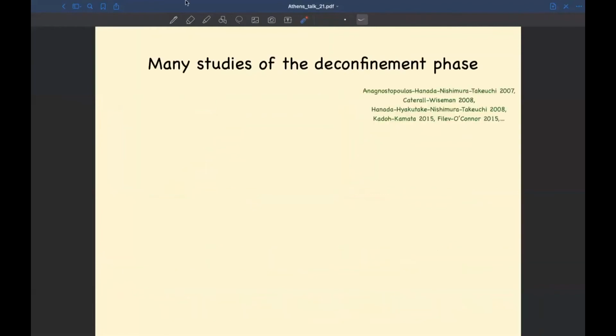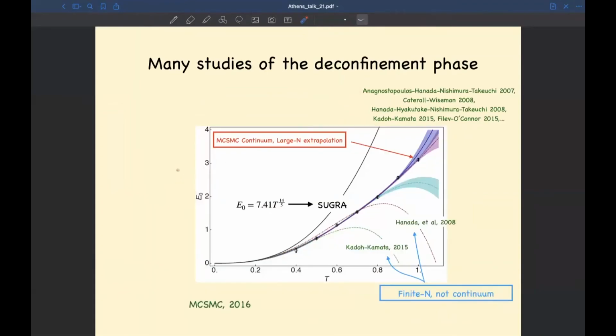So of course, there are many studies of the deconfinement phase given by an incomplete list of people here. And one interesting work, at least for me, was to try to reproduce the scalings of the supergravity. In this graph, there are many works done at finite n and not continuum limit, which are these lines here.